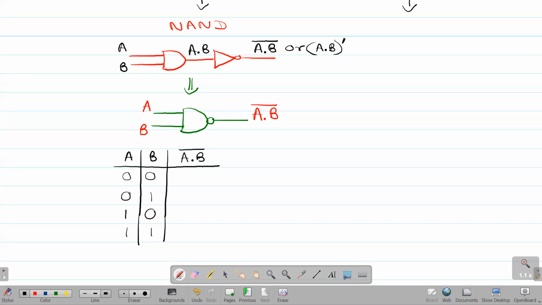So 0 into 0 is 0, inverted, it becomes a 1. 0 into 1 is 0, invert it, it becomes a 1. 1 into 0 is 0, invert it, meaning make the opposite, so it becomes a 1. 1 into 1 is 1, invert it, it becomes a 0. People, is that clear? Clear, sir. Great.